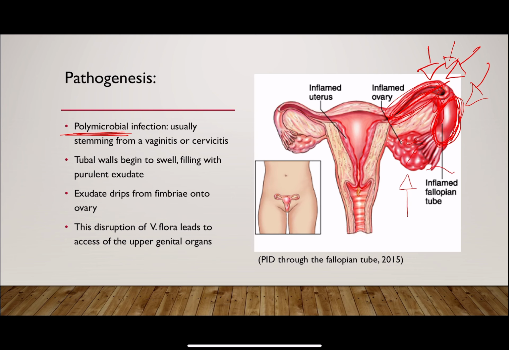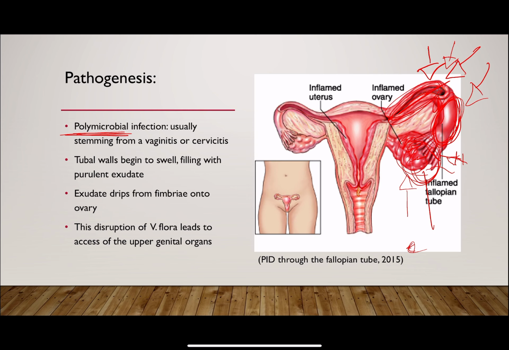And then these little guys right here, the fimbriae, what's going to happen is it's going to leak out and start to drip on the ovary, and this dripping of the exudate onto the ovary can cause problems for the oocytes, I believe is the term, oocytes.